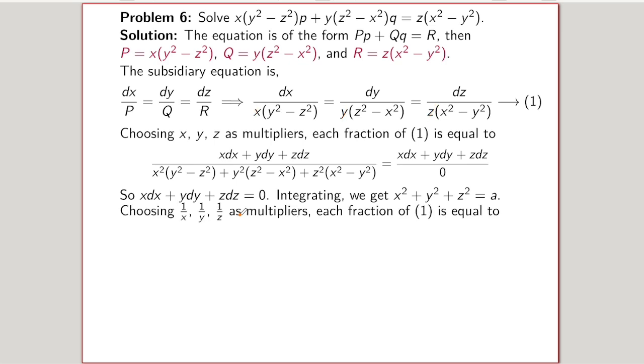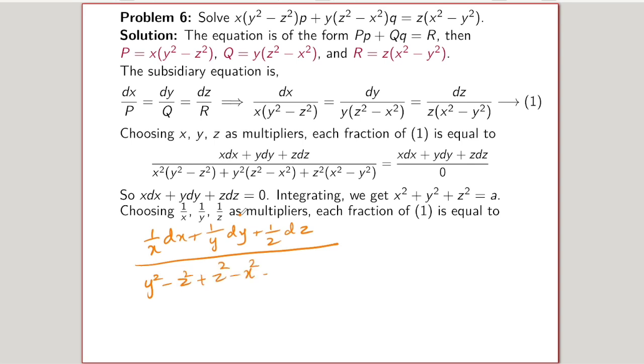So choosing 1 by x, 1 by y and 1 by z as multipliers, we'll be getting 1 by x dx plus 1 by y dy plus 1 by z dz. Denominator is y square minus z square plus z square minus x square plus x square minus y square.